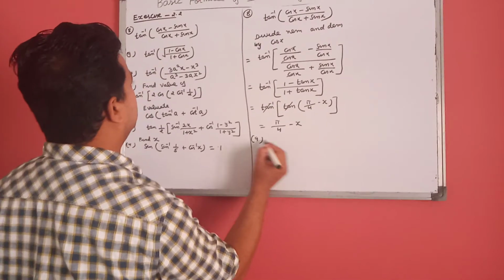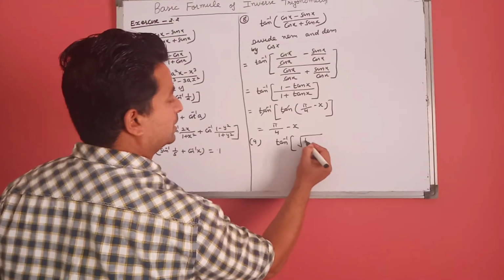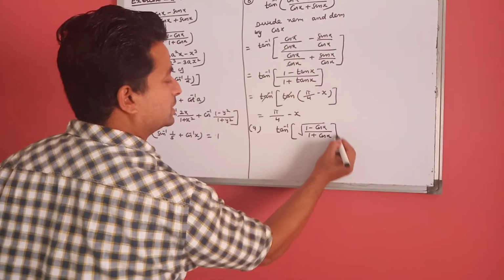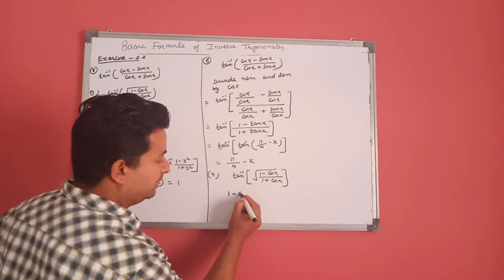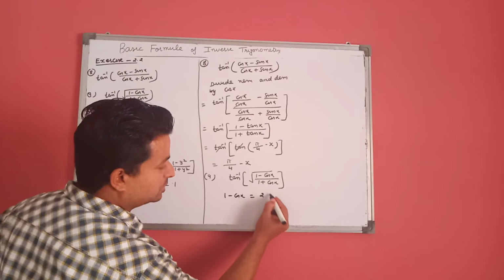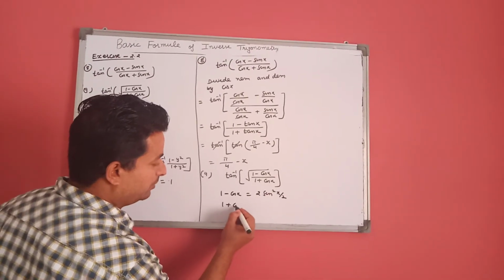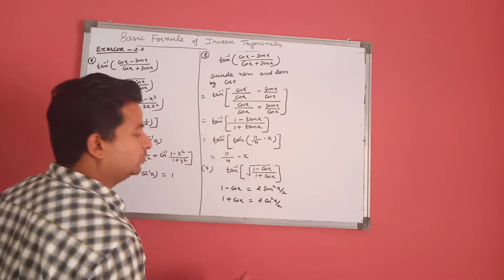In question number 9, write in simplest form tan inverse of the square root of 1 minus cos x over 1 plus cos x. In this we have the formula for 1 minus cos x, that is 2 sin square x by 2, and 1 plus cos x is 2 cos square x by 2.